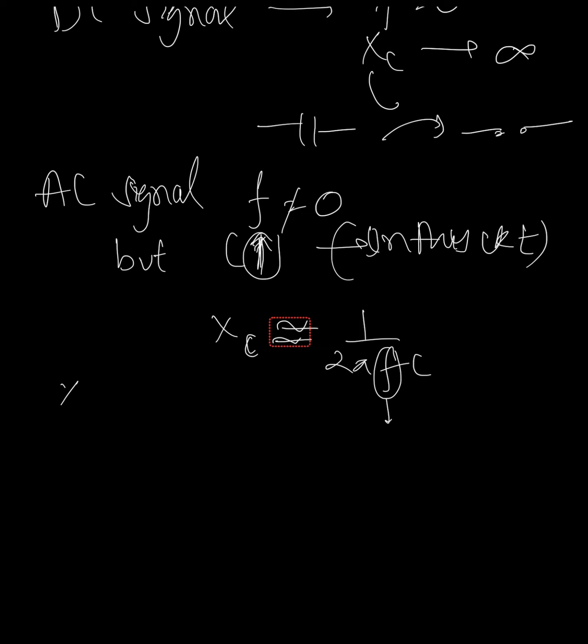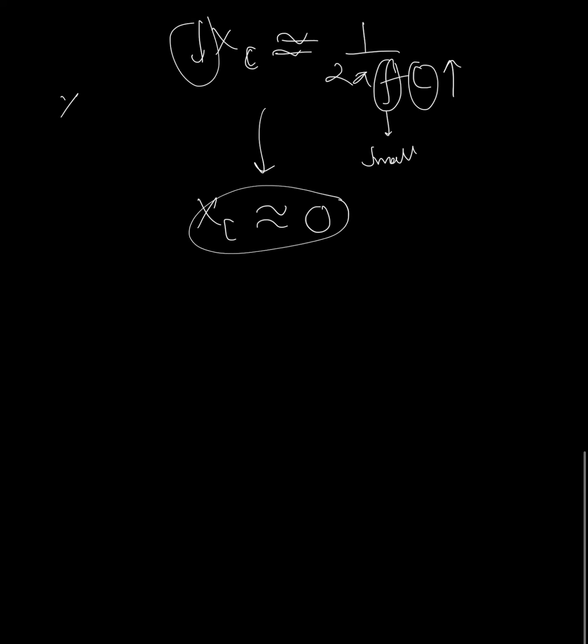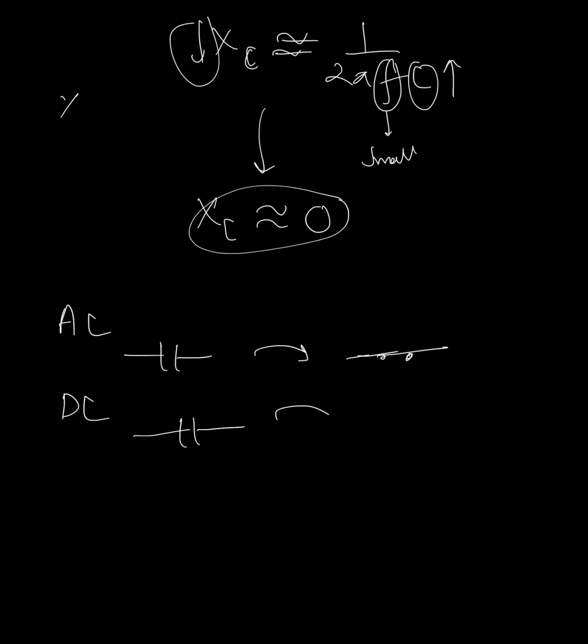Frequency is small but capacitor is high, so Xc is overall small, and it's so small that it almost tends to 0. So as we saw, for AC, capacitor acts like a short wire. For DC, it acts like an open wire.